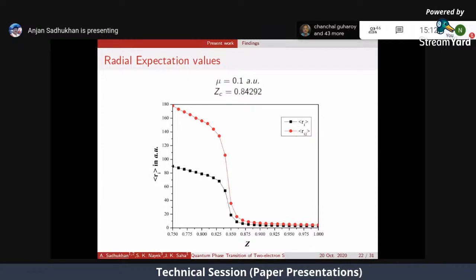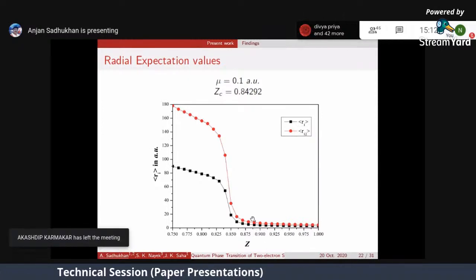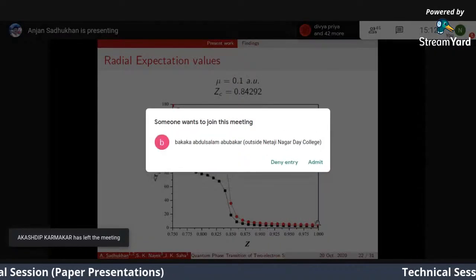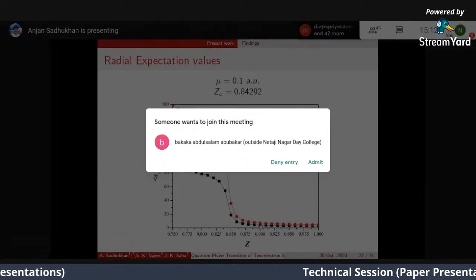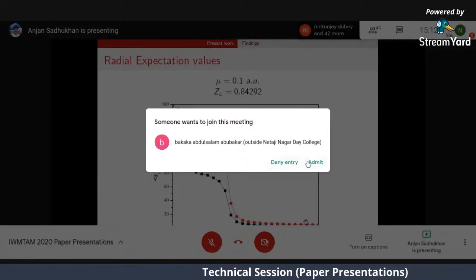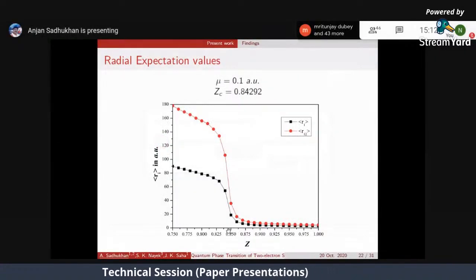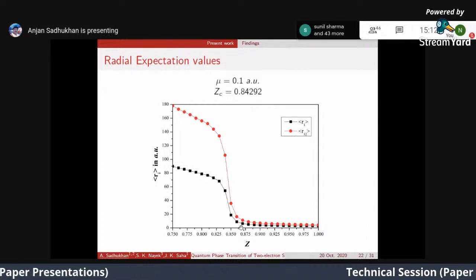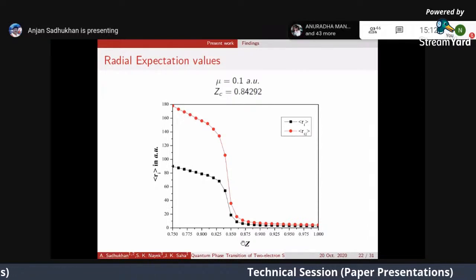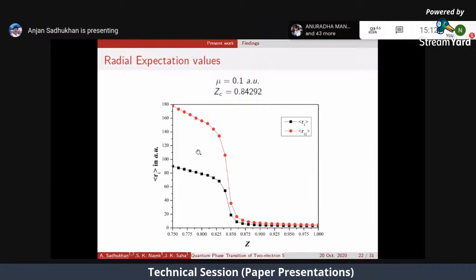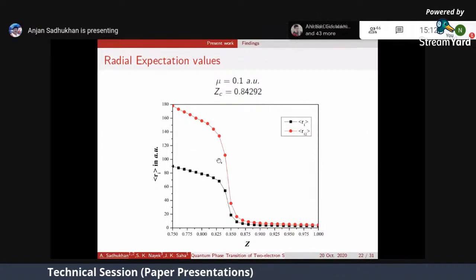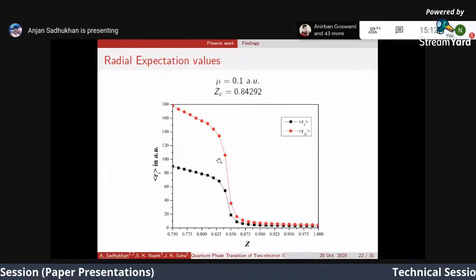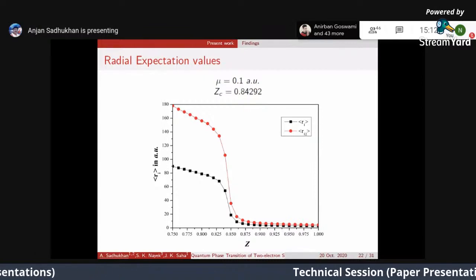So it is very clear from this part of the diagram that it is almost consistent with the variation of Z, but after a certain limiting value of Z, it abruptly changes, and if we decrease the Z value further, then the structural parameter abruptly changes, as if the system diffuses suddenly beyond the limiting value of Z.